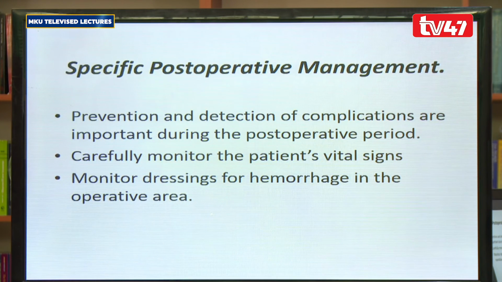Monitor the wound for bleeding, as we had said. Prevent complications such as infection. Instruct the patient that they can fall down and injure the area. And nowadays, some of our hospital setups have floors that are slippery, so instruct the patient that they can fall down and injure their limbs.